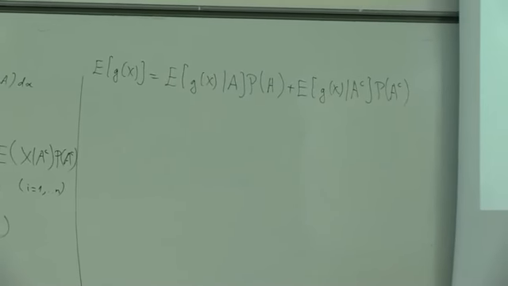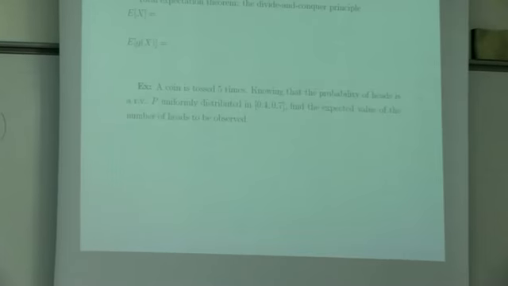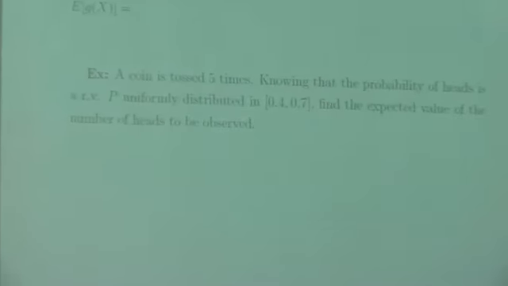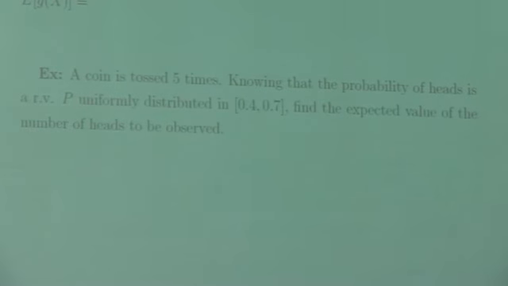Here's the example. A coin is tossed 5 times. If we knew the probability of heads, then the number of heads in 5 tosses would be binomial.